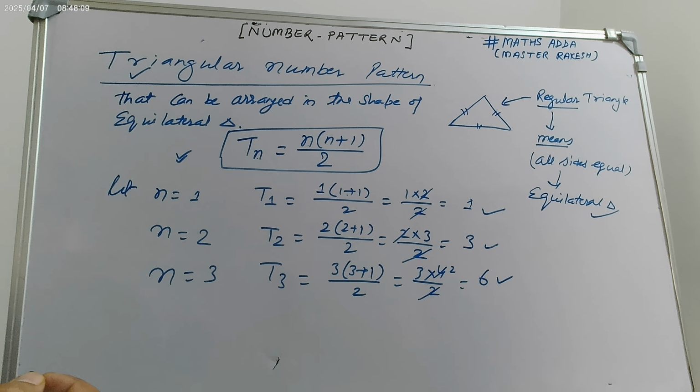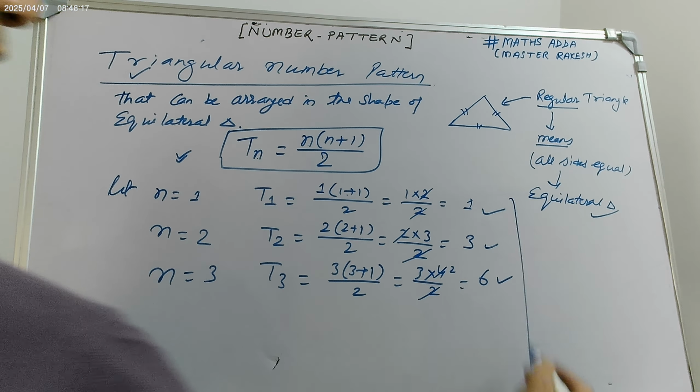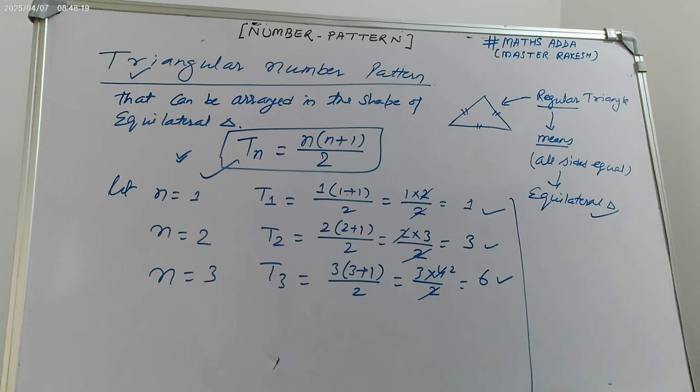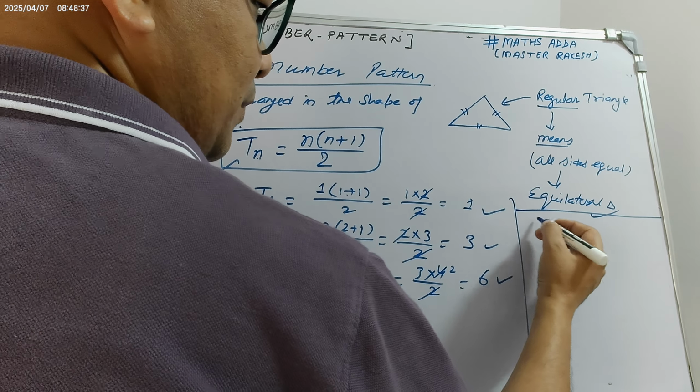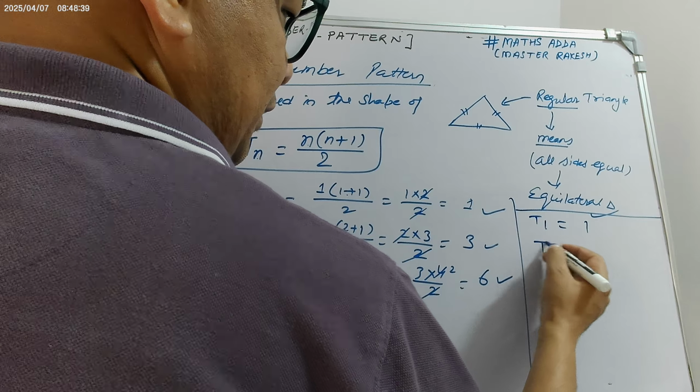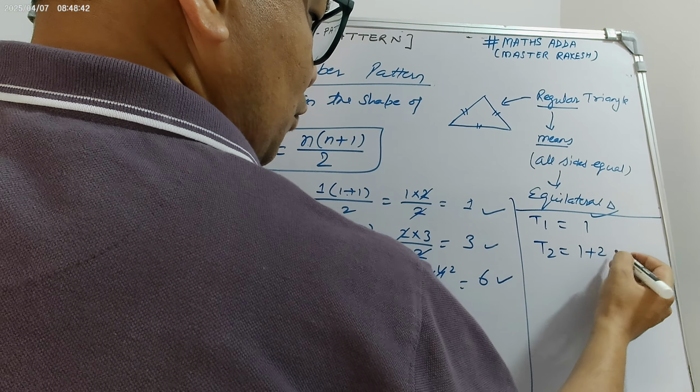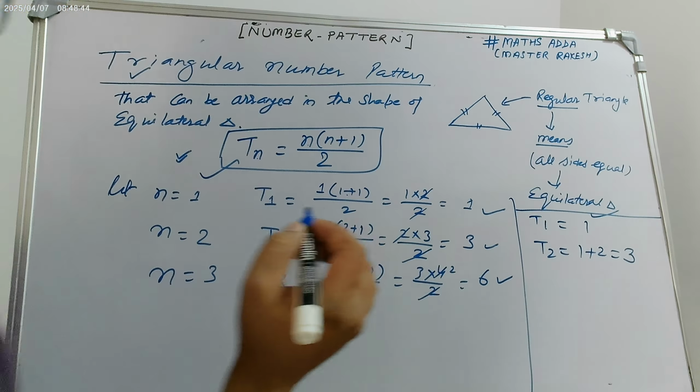You can say it like this: 1, 3, 6. Or another way you can write it. These are the numbers you got by the formula Tn equal to n into n plus 1 upon 2. If you add consecutive numbers together, you will get the same pattern. T1 equals 1, T2 equals 1 plus 2, which is 3.